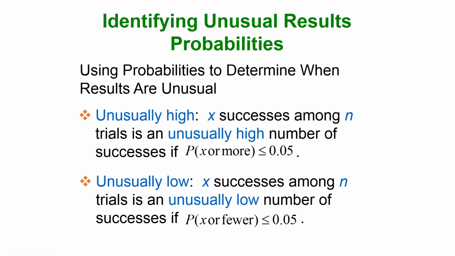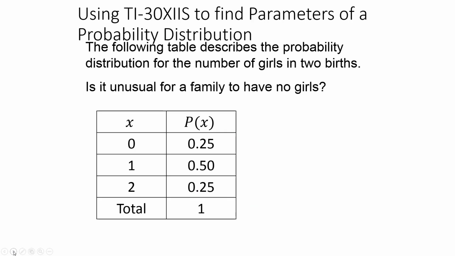Okay, so let's take a look at an example. Here we have the probability distribution for, again, the number of girls in a family with 2 children. And the question is: is it unusual for a family to have no girls? In the previous example, we decided using the range rule of thumb that it was not unusual for a family to have no girls.